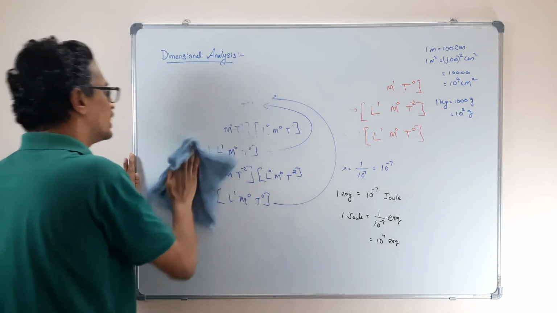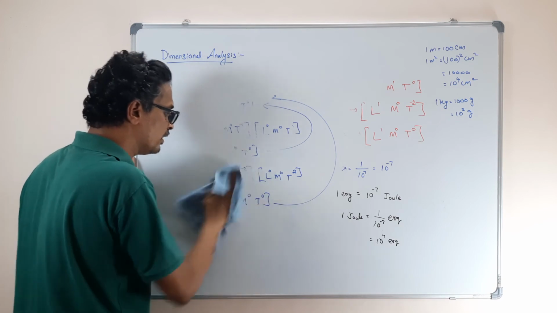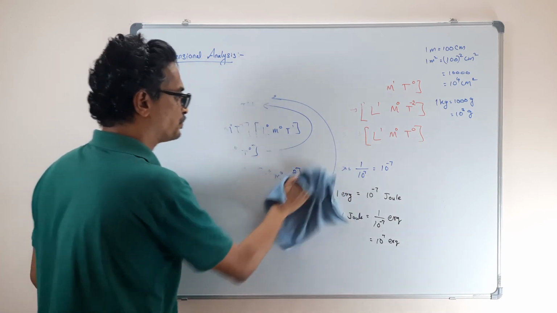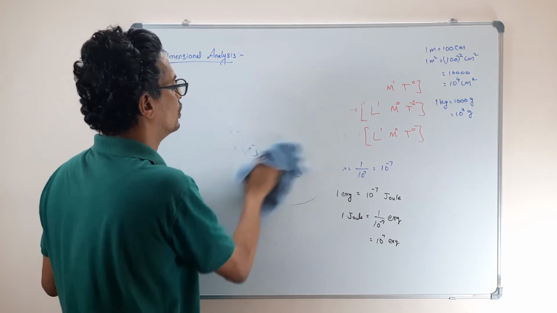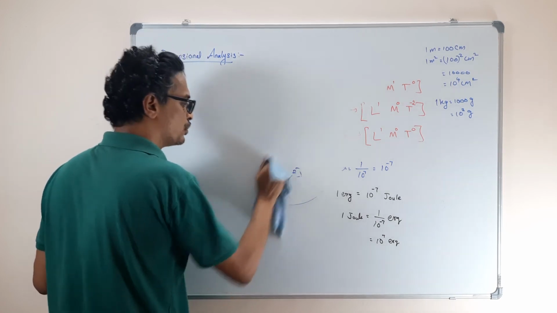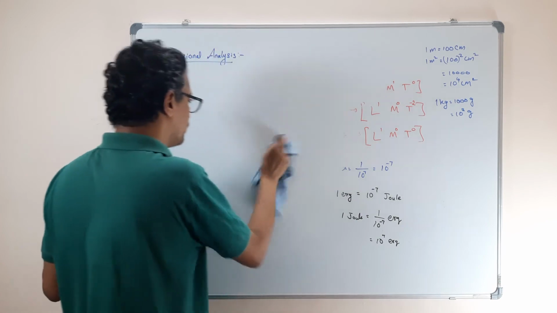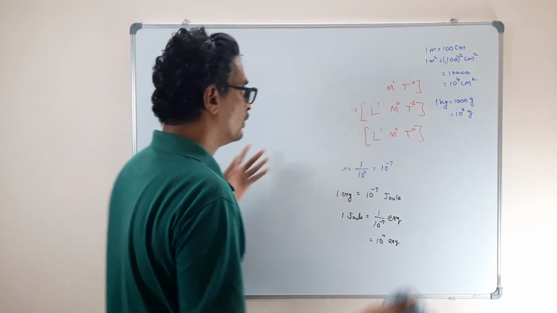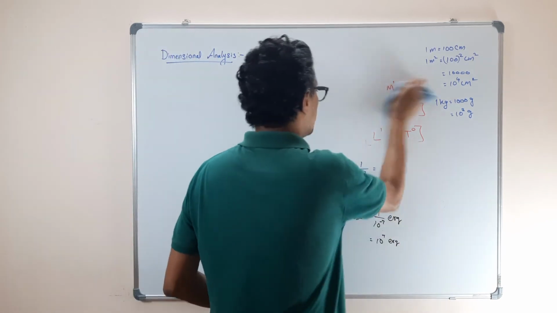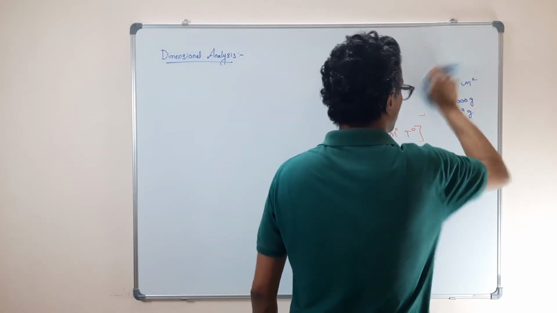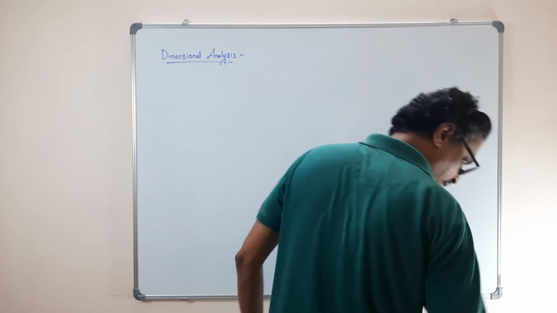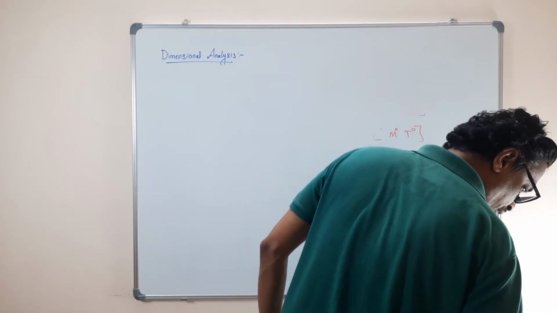So this dimension analysis is an important and interesting tool which can be very useful in your physics. But there are certain limitations also. What are the limitations? The book has given some two or three limitations.